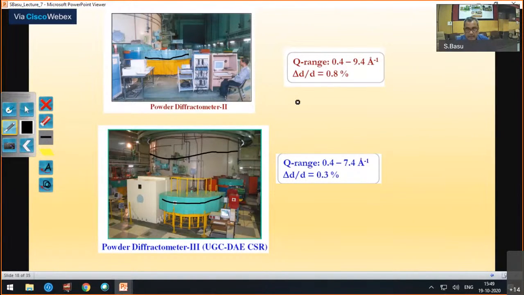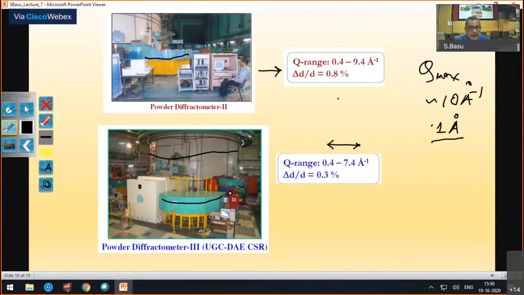For the diffractometer we are showing here, the Q range is typically 0.4 to 9.4 angstrom inverse. If you remember, I commented that when you are doing crystallographic structure, you typically want a Q max of around 10 angstrom inverse, because you want a resolution in real space of 0.1 angstrom, which is good enough to find out the crystallographic structure. So these two now justify a range typically like this.